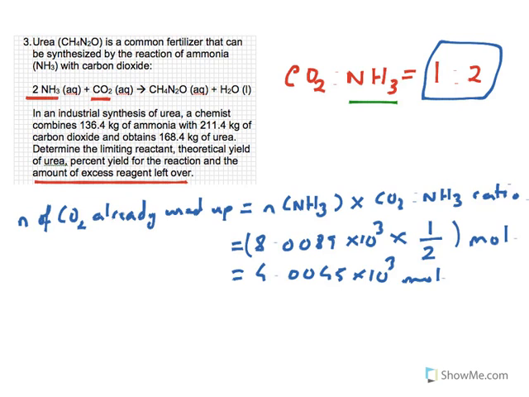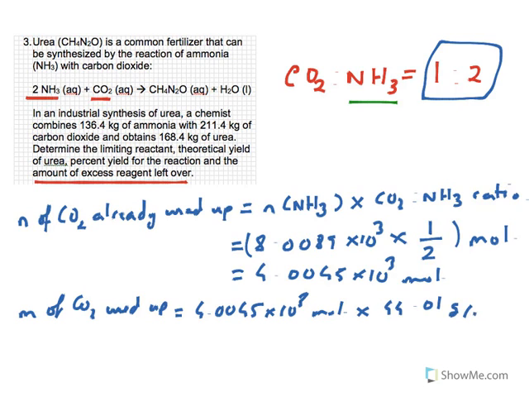Once again, using the formula moles equals mass over molar mass, we can figure out the mass of carbon dioxide used up, or we can also look at the units and then figure out our mass as well. So for the mass of carbon dioxide used up, we have 4.0045 times 10 to the power 3 moles multiplied by 44.01 grams per mole.